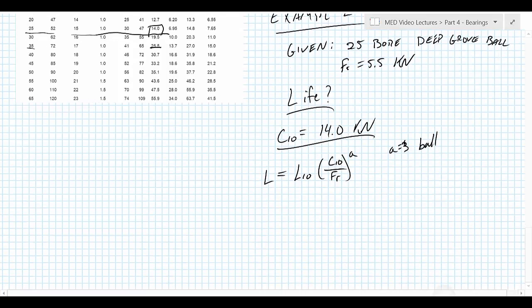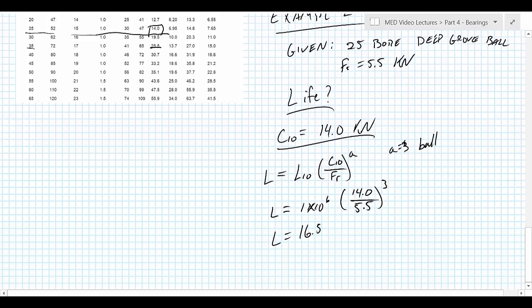So from our numbers, that is L equals 1 times 10 to the 6 cycles for our rated system, times a 14.0 rated load compared to the 5.5 kilonewtons load that we're actually at, raised to the 3. This says that we should expect to see about 16.5 times 10 to the 6 revolutions of life for our bearings.